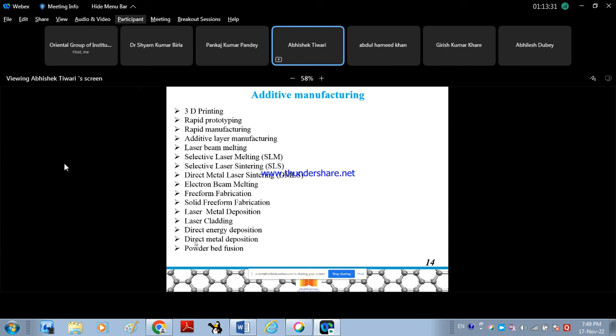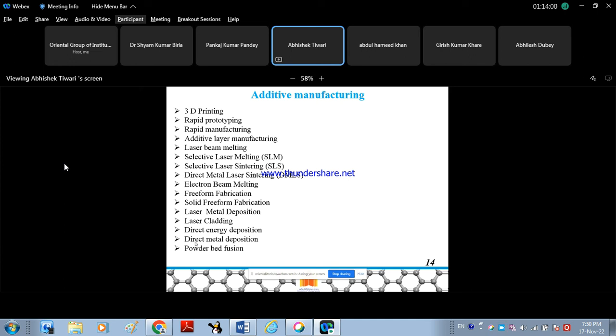This is called selective laser melting, and then selective laser sintering. In selective laser melting, we are going above the melting point. In selective laser sintering, we are below the melting point. Then direct metal laser sintering and electron beam melting, free-form fabrication, solid free-form fabrication, laser metal deposition, laser cladding.